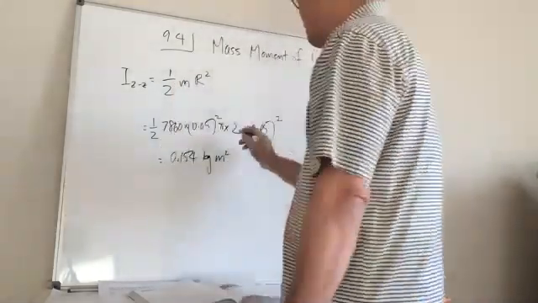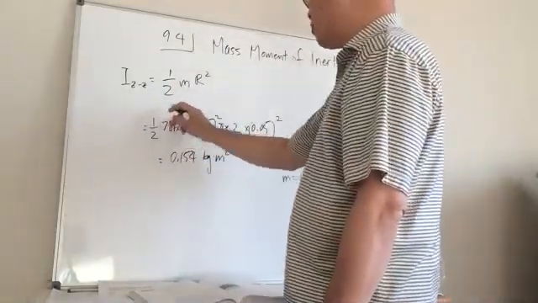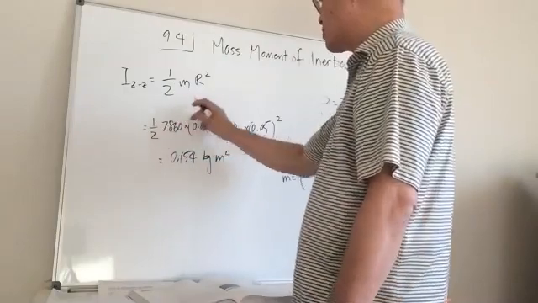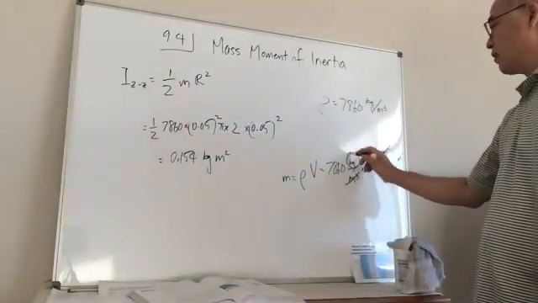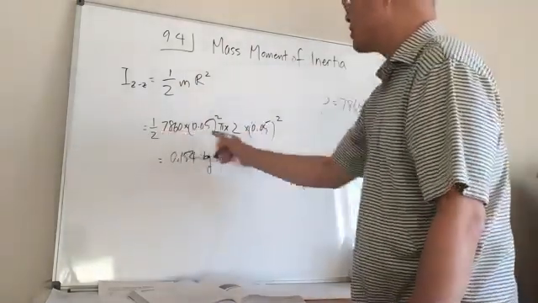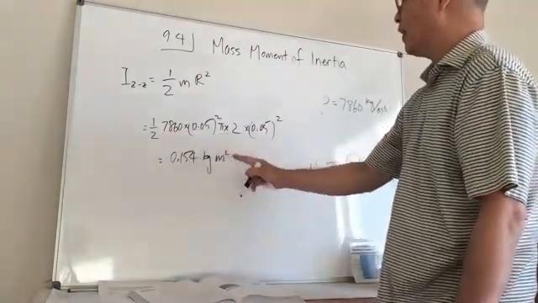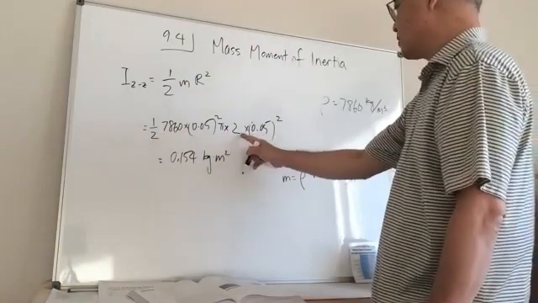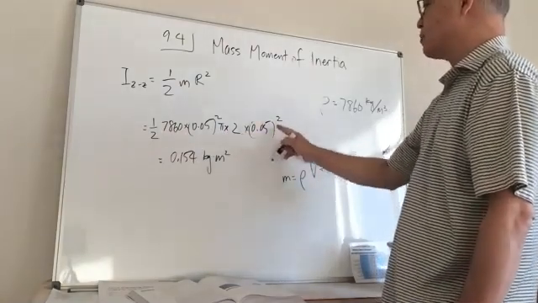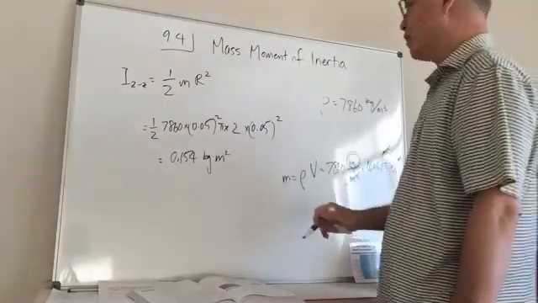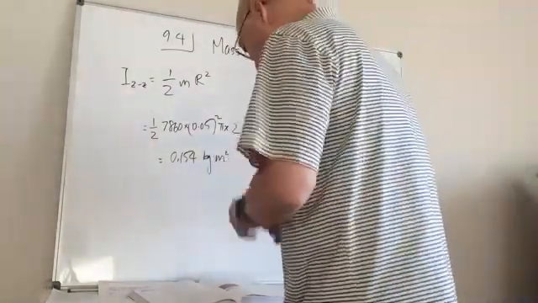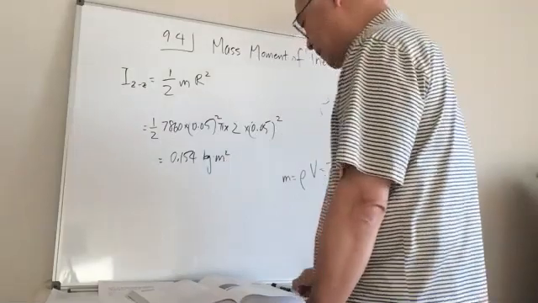Because up to here the unit was kilograms, we verified that over here, and then this guy is going to be meters squared, so that's why it's kilogram meter squared. That's how you run that.